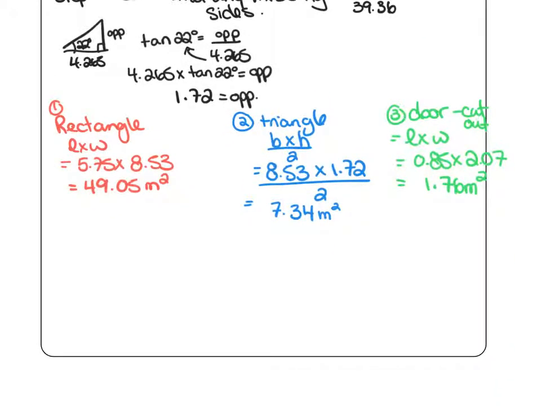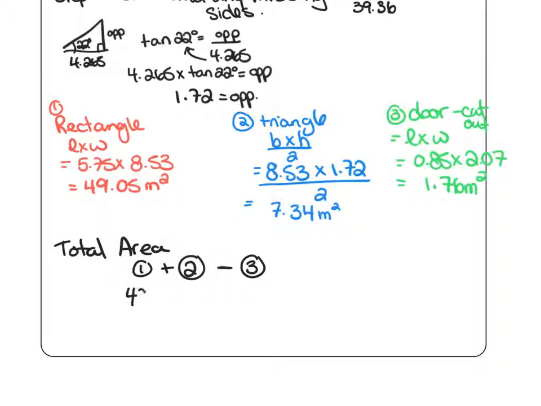And then I'm going to just add and subtract accordingly. So we're going to do 1, we're going to add 2, that's the triangle, and we're going to subtract 3, which is the cutout.